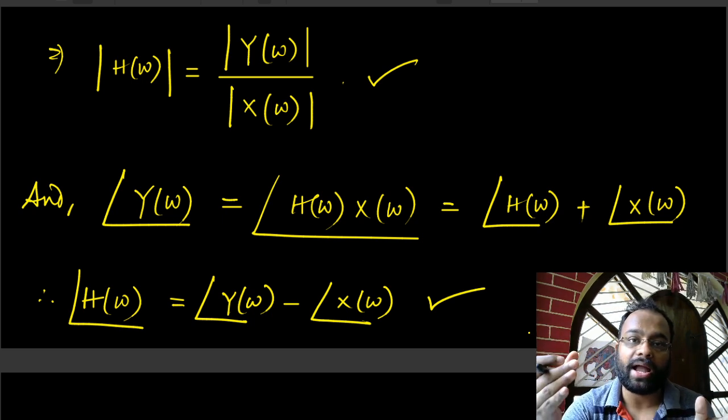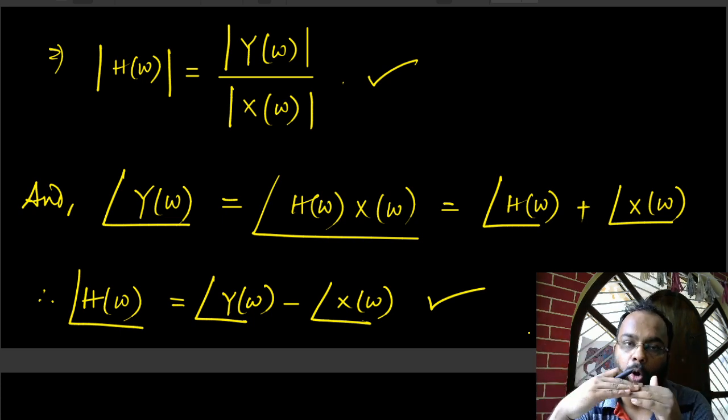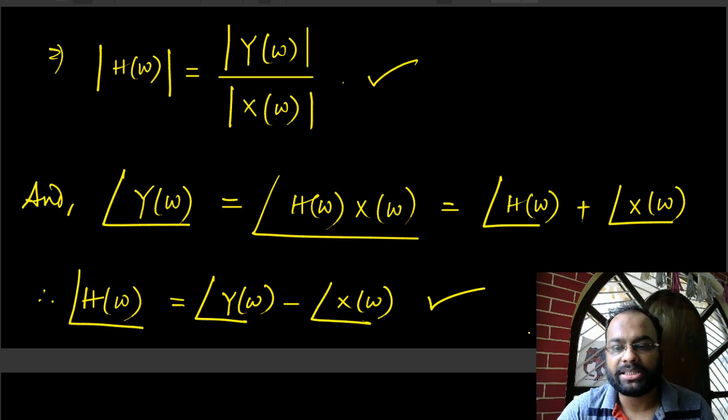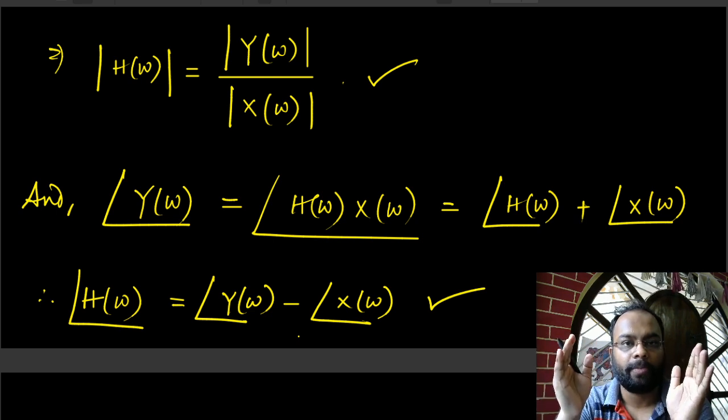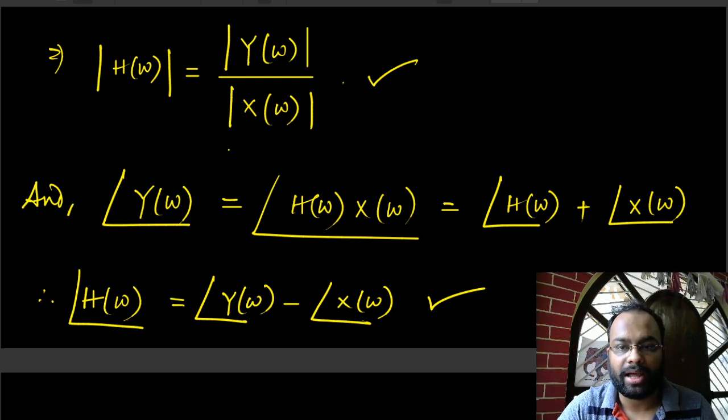So H(ω) determines how much the amplitude will be scaled by the system and how much phase angle will be introduced. From the input-output perspective, the ratio of the amplitudes of the output and the input, and the difference between the phase angles of the output and the input, are all determined by H(ω).